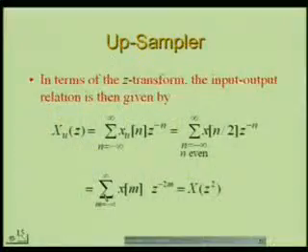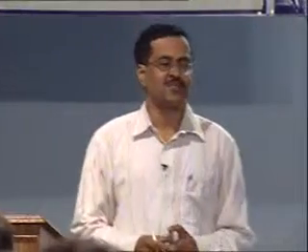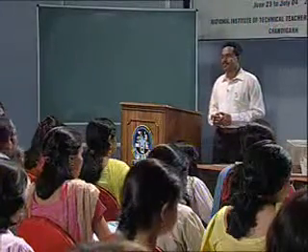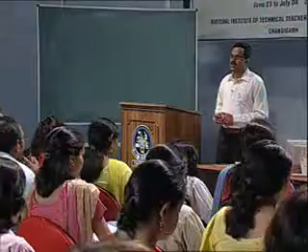In terms of the Z transform, the input output relation is then given by X_u(z). I hope you understand Z transform. What is the beauty of this Z transform? Why should we read Z transform at all? Why not Laplace transform or discrete Fourier transform?